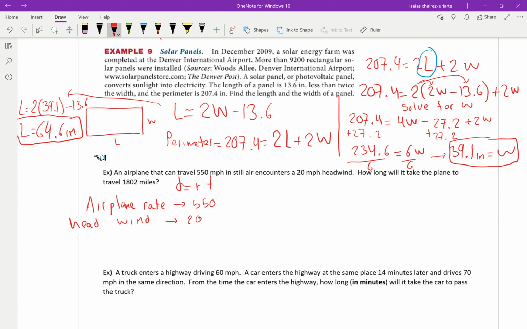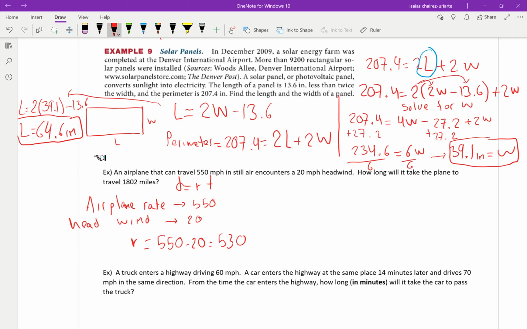So then that means that the R that I'm going to be using for this problem, so the rate of the plane, is going to be 550 minus 20, or 530. So I mean that makes sense hopefully. The plane can travel at 550 miles per hour, but because of the headwind, it goes a little bit slower. It goes at 530 miles per hour.